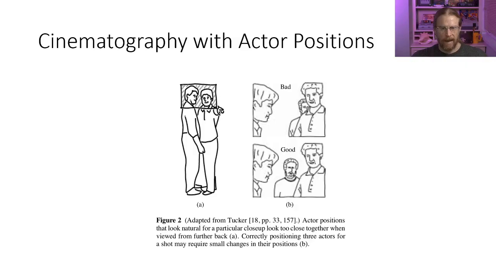So when you have actors, say in a regular movie, that are interacting, it's important to get the framing right for the conversations that are taking place. If you want a close-up to look good, then you want to pick an angle where you can see the faces of the characters, but also have them at the right distances apart.